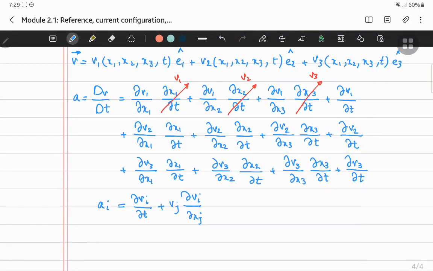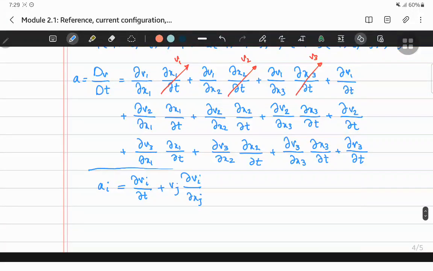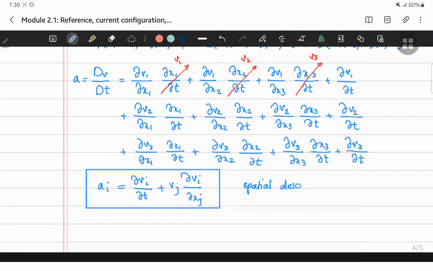So you see that the material derivative of a vector field in a spatial coordinate system, in a spatial description, is a vector. So if I just draw a rectangular here, right? So spatial description, and of course in index notation or indicial notation, and of course in a Cartesian coordinate system.